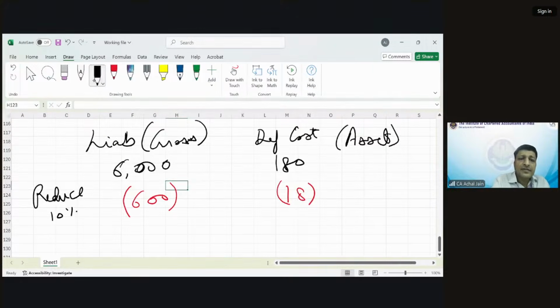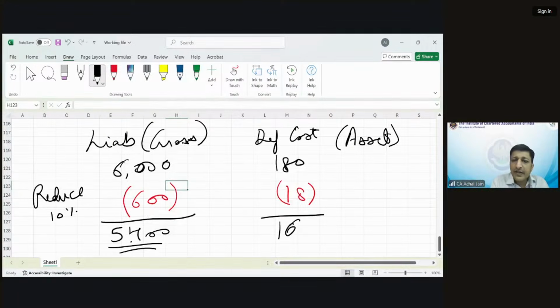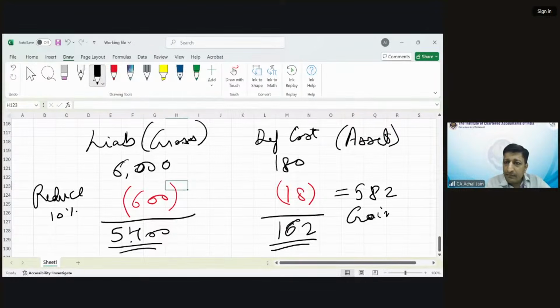So what are you left with? 5,400 and 162. Okay, so this is the first part. So when your liability is reduced by 600, asset is reduced by 18, what do you get? Net 582 is the gain. Okay, so this is the gain that you get, 582. Correct?